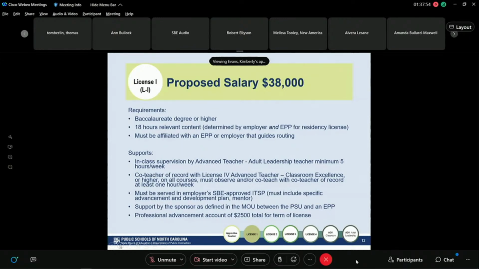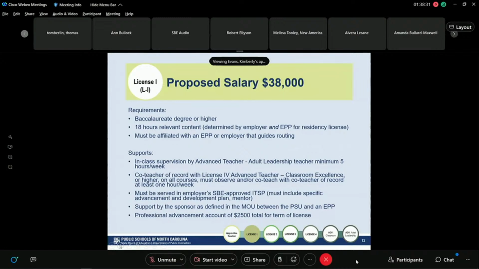If the idea is that a PSU could do this in consultation with and support from an EPP, then write that in there. We just didn't take a stand on this issue. This question has come up several times in subcommittees: does someone have to go through an EPP in order to complete this model? We decided that was the work of the subcommittee to determine. We just put both options in there. So this is something that would need to be addressed by the subcommittee.